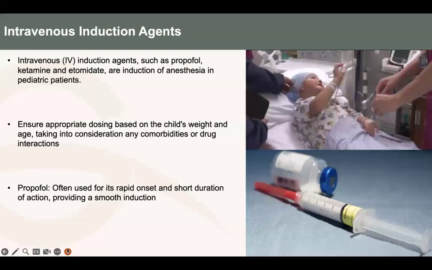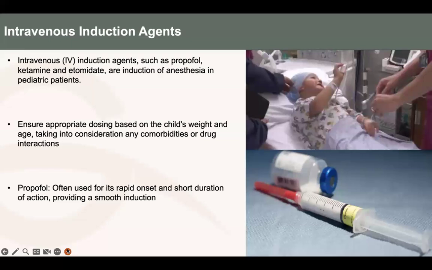The other option is intravenous induction. This usually works if the baby has an IV in place before coming to theater, or if they are a bigger pediatric age group and cooperative with you. Sometimes they prefer to be induced with IV if you communicate well with them.